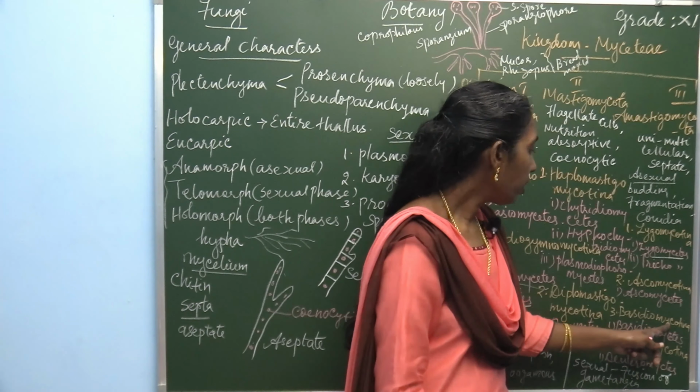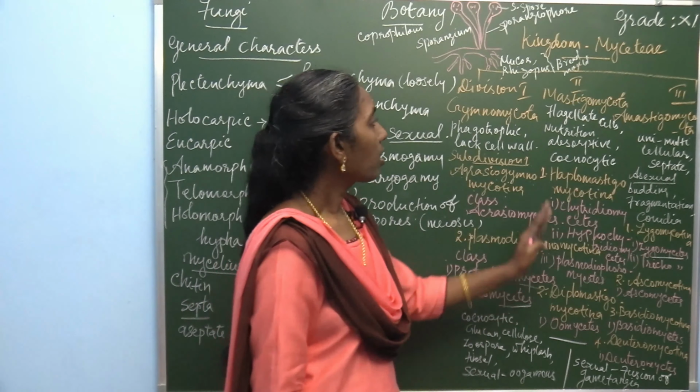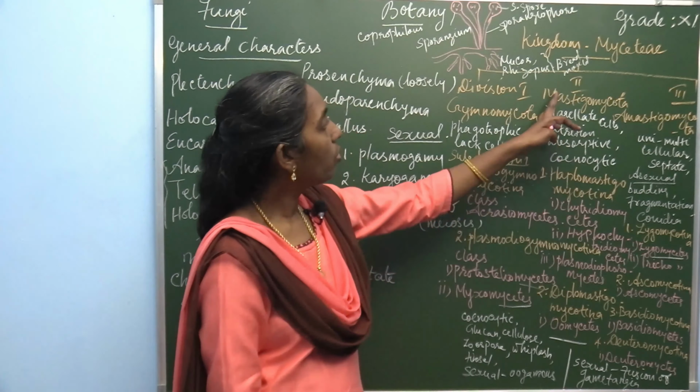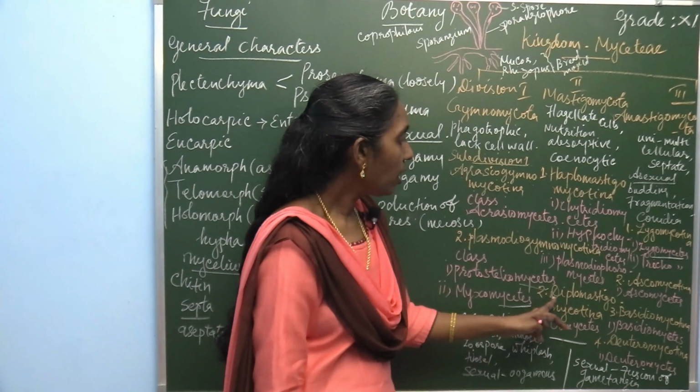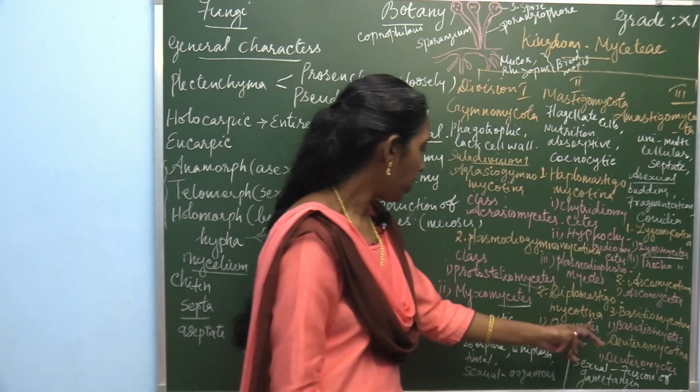What are Oomycetes and what are Zygomycetes? First, the characteristic features of Oomycetes. Everything comes under the kingdom Mycetae. Oomycetes belong to the division Mastigomycota, the subdivision Diplomastigomycotina, and the class is Oomycetes.